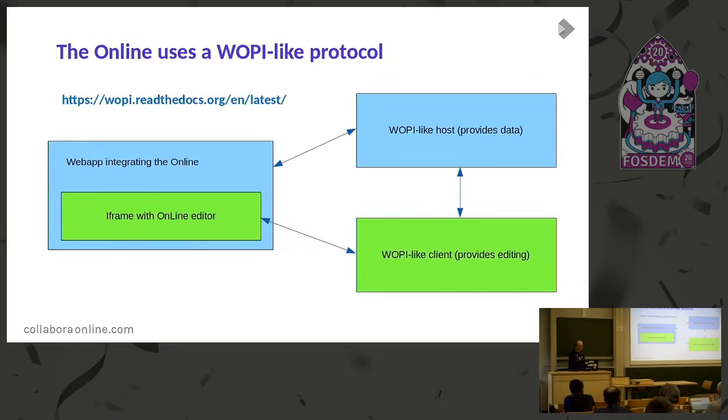You can read the documentation, and Collabora Online implemented parts of that standard. Also, it extended some, maybe incompatible, in their own ways. So we call it WOPI-like because it's not WOPI, but very similar. So in theory, it follows this standard.